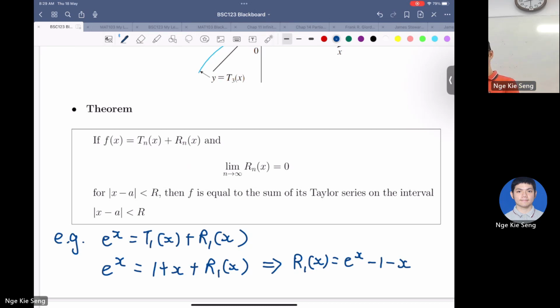But you want to take the limit of Rn, right? So you need to figure out what R2 is, what R3 is, and then write a sequence out, and then you take the limit. What is R2? R2 is e^x minus 1 minus x minus x squared over 2 factorial, and so on.